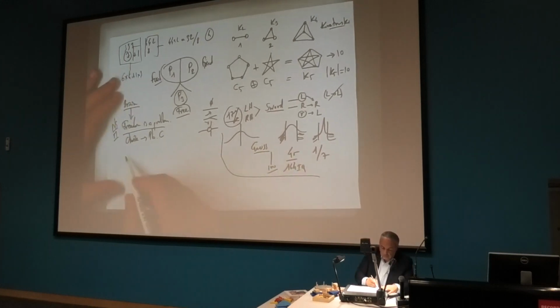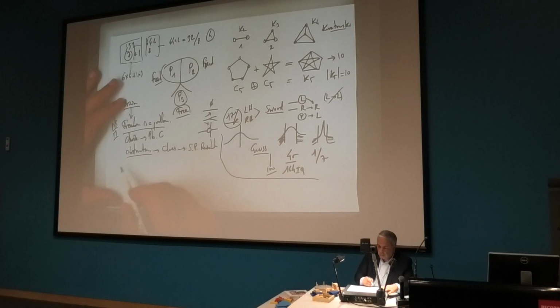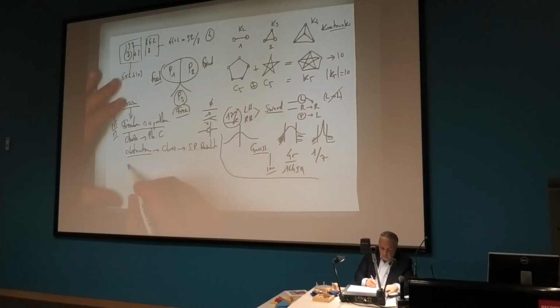So, obstructions are clues and the starting point of resolution. I haven't mentioned until now the problem of memory.